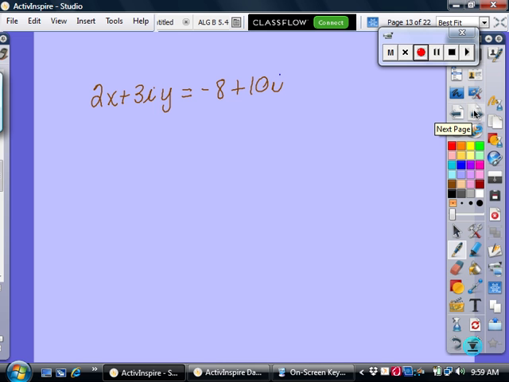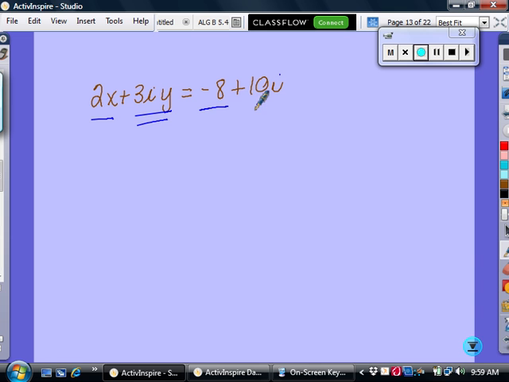All right, solve for x and y. Remember, real is equal to real. Imaginary is equal to imaginary.